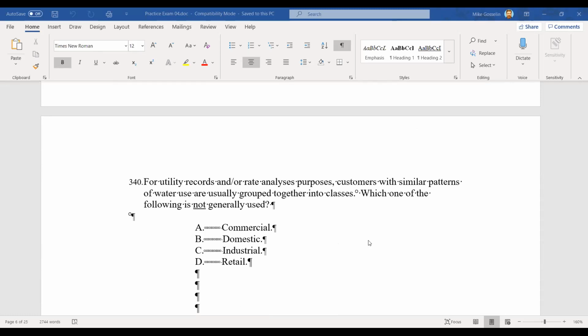Retail. So we didn't talk a lot about billing, but really good answer. If you walk through this, which would not be used, we did talk a lot about what's coming into the system. We have commercial, industrial, and domestic flows. We didn't talk anything about retail flows because that would potentially fall into one of those other categories. But yes, you're correct. The answer is B.